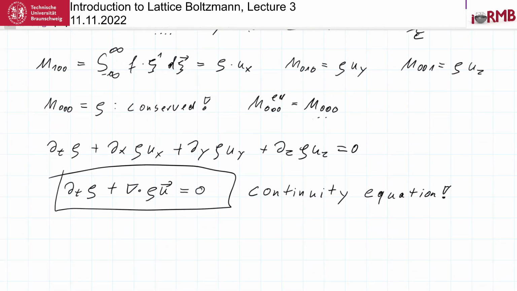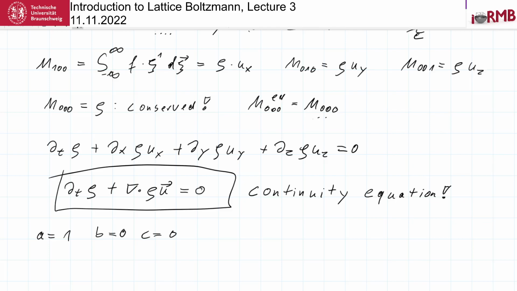Okay, so this was the first equation. Let's look at the second equation. This is by taking A equal to 1, B equal to 0, and C equal to 0. We only look at this case because of symmetry reasons. The case A equal to 0, B equal to 1, and C equal to 0 would be exactly the same, just in a different direction. So we only need to look at one of them.